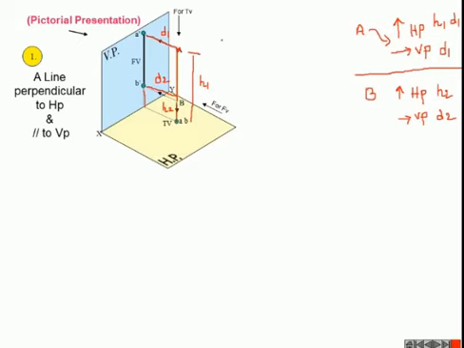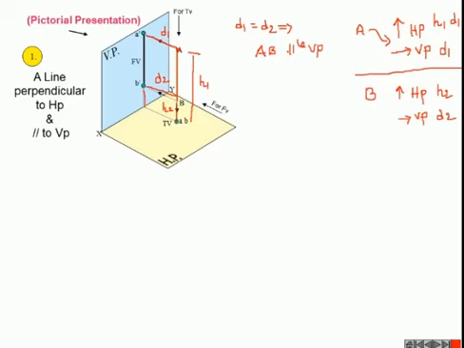If you observe carefully, if D1 is equal to D2, it means that the line AB is parallel to the VP. If the in-front distances of the two endpoints of the line AB are the same, then we can directly say that the line AB is parallel to the VP.